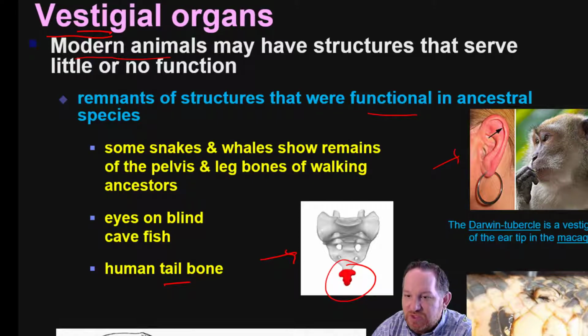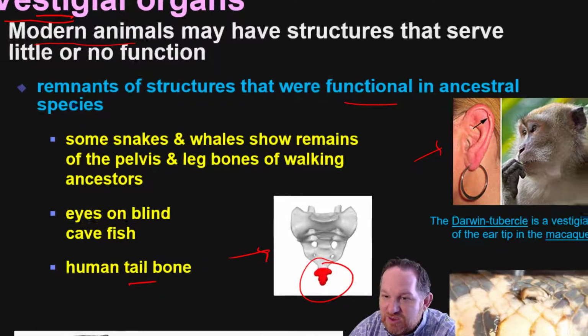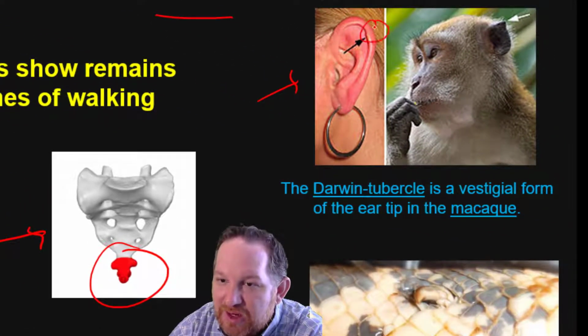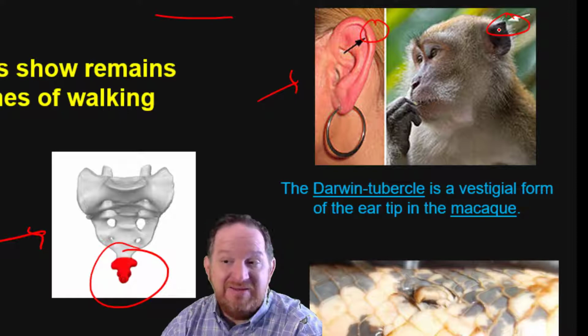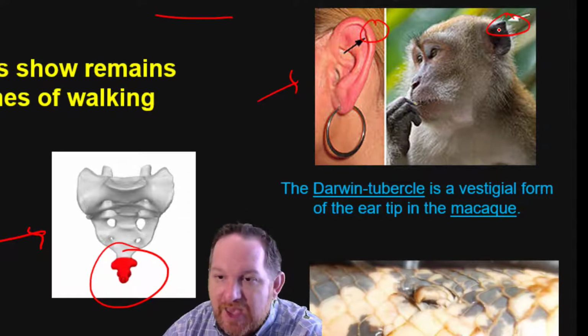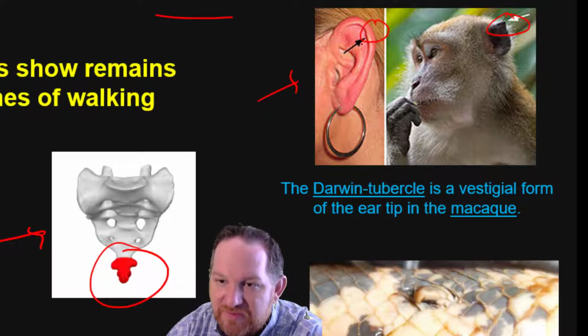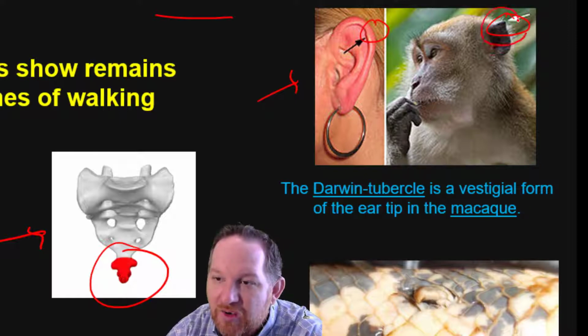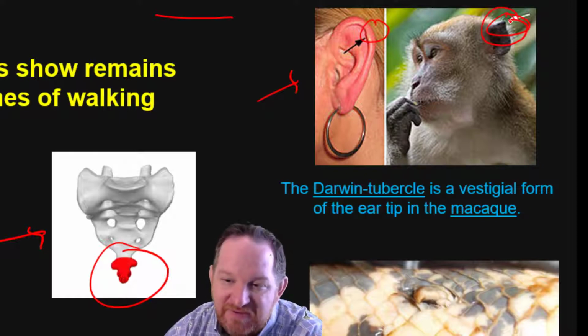Look over here at the Darwin tubercle. This is a vestigial part of the ear tip that a lot of people have that is left over from when we shared a common ancestor with monkeys or apes. And we have no need for this, but it's still there from when we had a common ancestor.